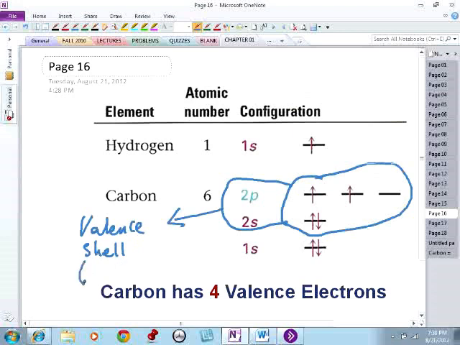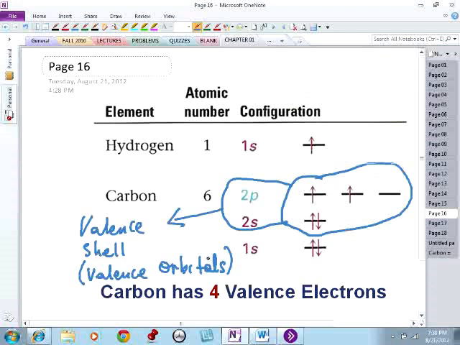And the orbitals in the valence shell, we say they are valence orbitals. So the valence shell is the last energy shell that contains electrons. The valence shell is the last energy shell that contains electrons. And the number of electrons in the valence shell we refer to as the valence electrons.